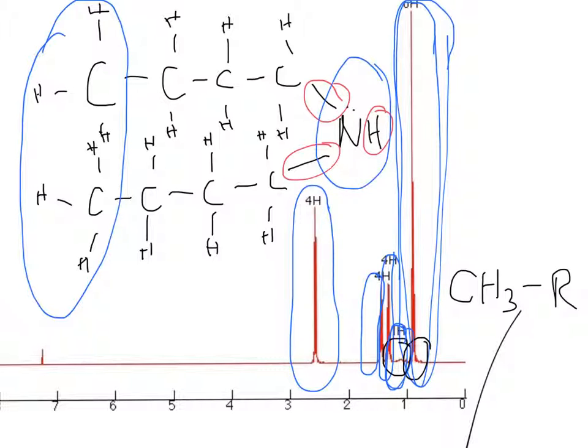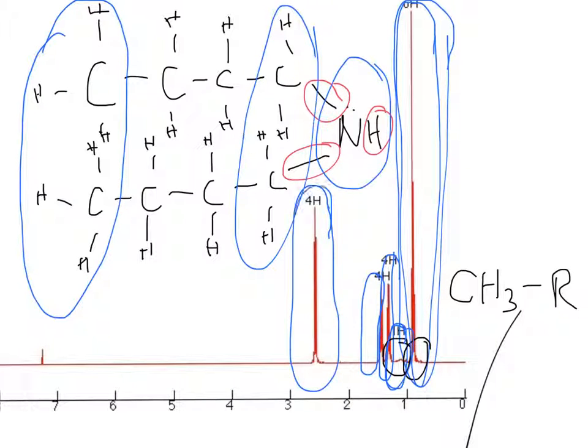So one thing that we know is that saturated alkanes are typically found on a proton NMR spectrum between 0.5 and 2. Now, of the groups that we have left, there's only 1 group that does not have a saturated alkane, and that is this group right here, because they are both bonded to nitrogen.